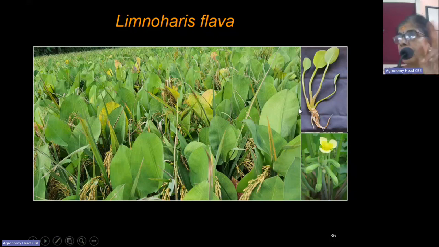So you can control it at the two leaf stage. And there can be a follow-up application in patches where this is very severe. Most of the time, either timely spraying is not given or spraying is improper, so that many plants escape.